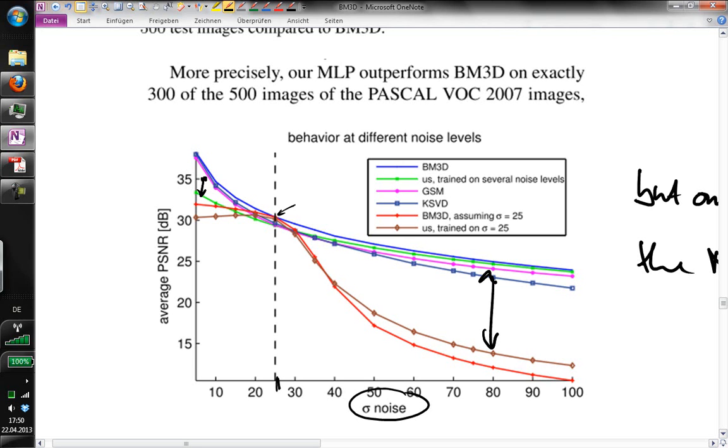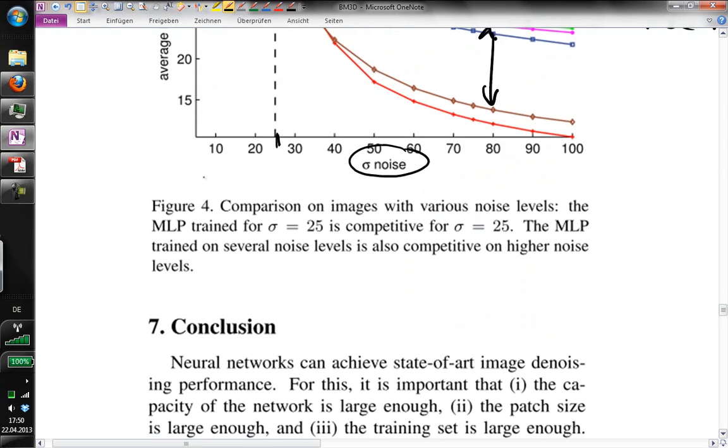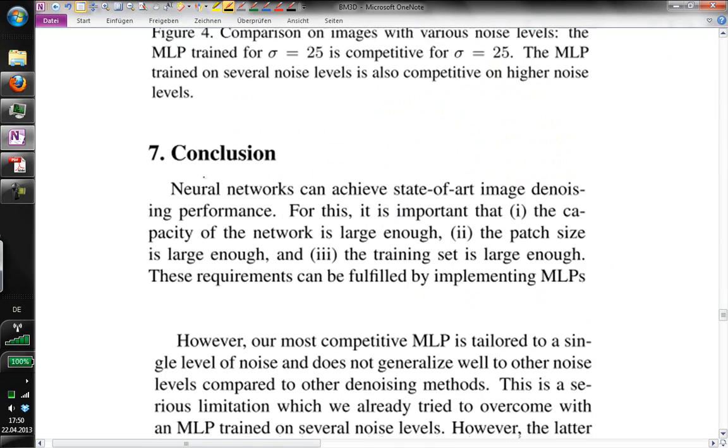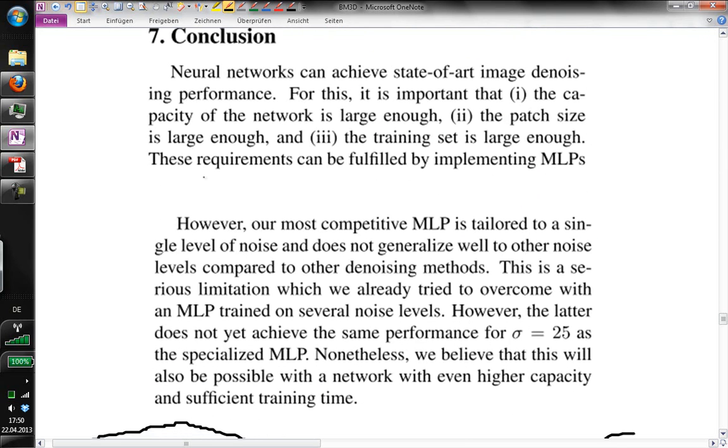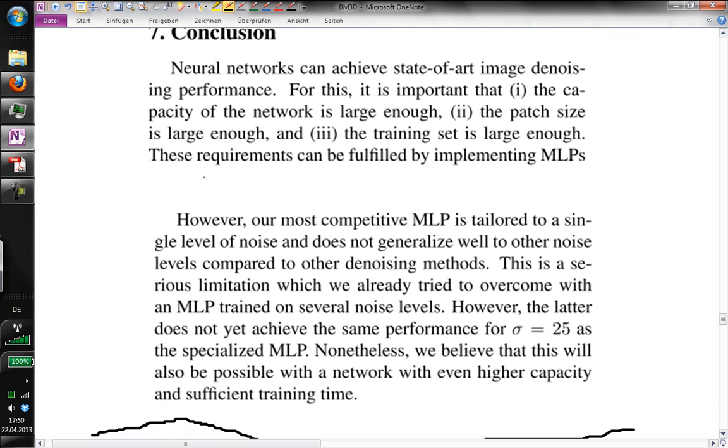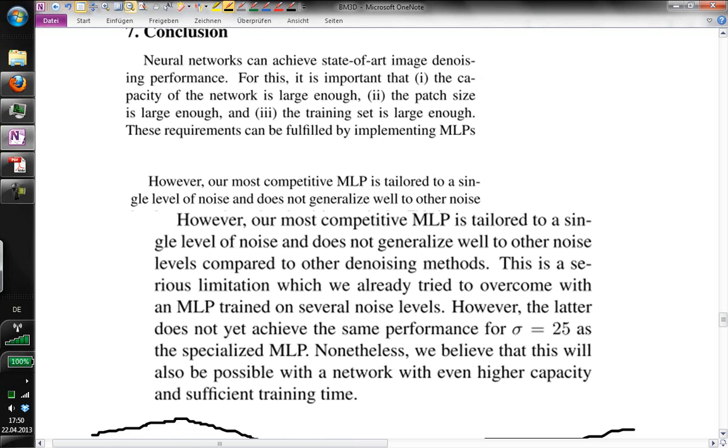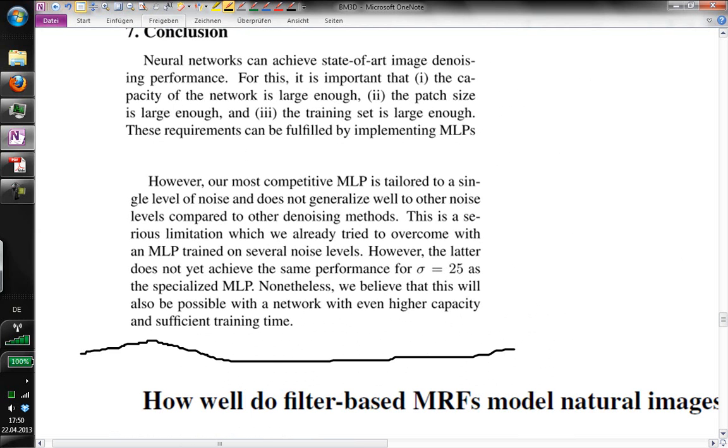Now, these are very smart people, and they've trained a pretty good algorithm on a very fast computer. All this goes to show is simply that BM3D is really very, very good. So to put this into perspective, the authors faithfully and frankly discuss all of this.